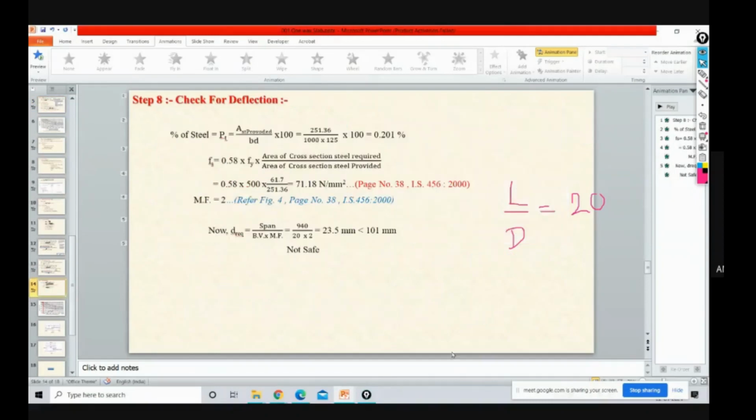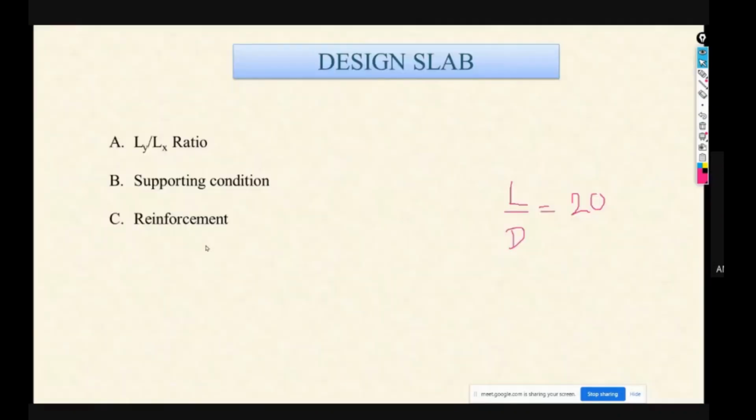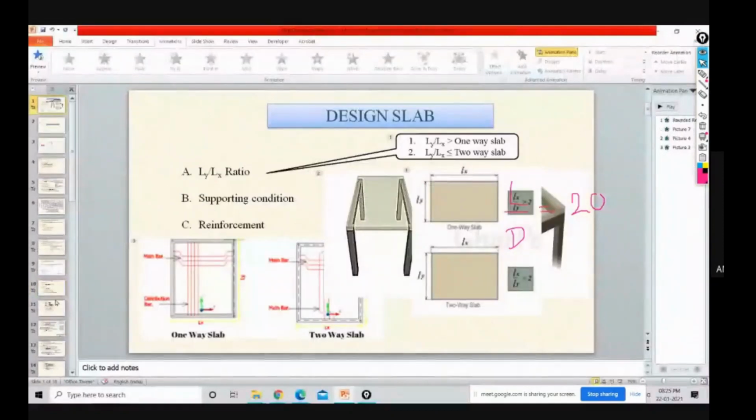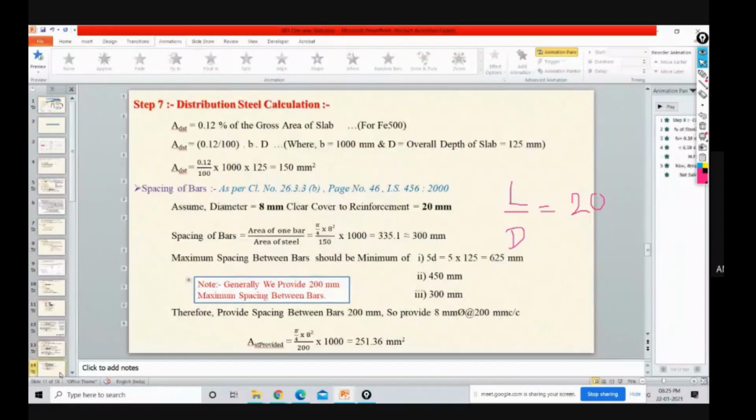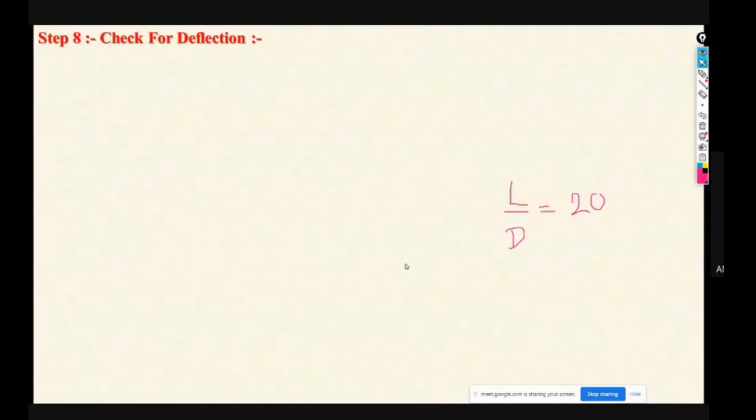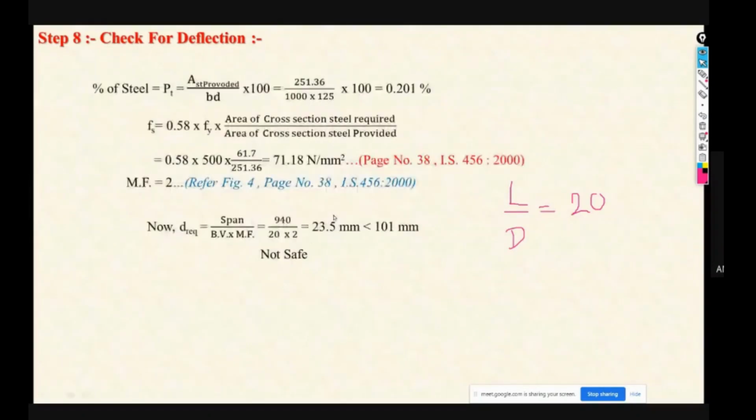That's why once you calculate this ratio, span divided by modification factor into basic value, and if that value is less than the provided depth, it means our slab is okay for the deflection. Okay, so now it is safe.